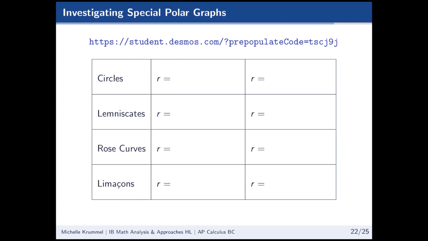So you'll be looking at circles, at lemniscates, at rose curves, and limacons. It's an interactive demonstration, so you'll be able to play with the sliders, adjust different parts of the equation, and see how that affects the graph. And then come back and fill in your notes once you've figured out what the general form of these equations is going to look like.